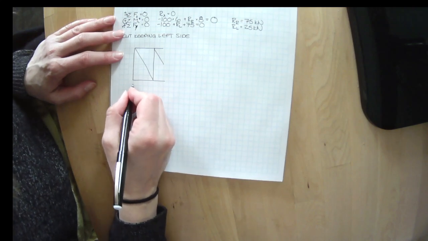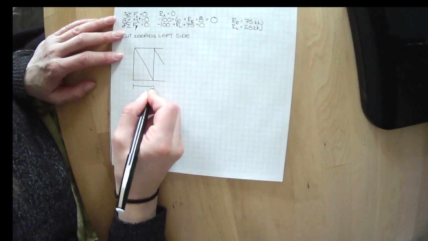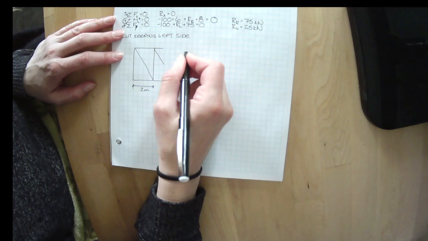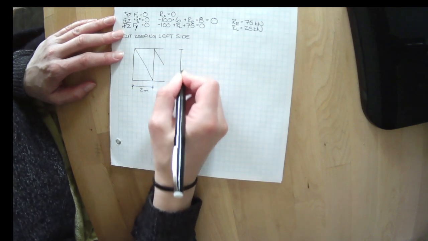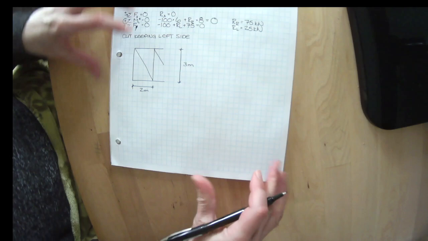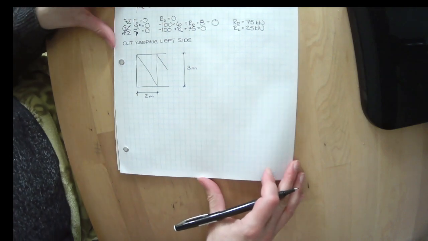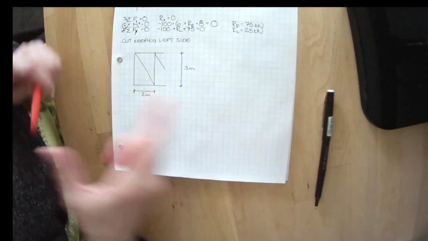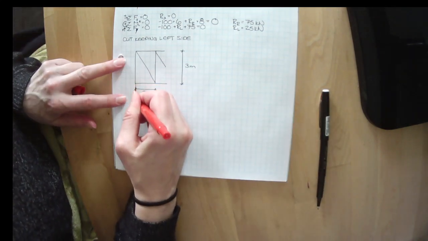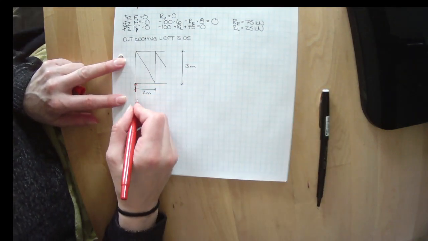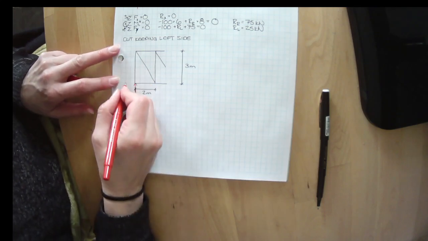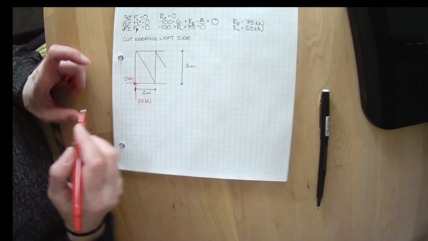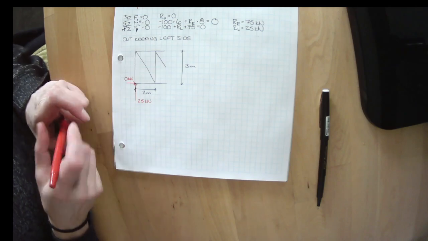We know that this bay was 2 meters. We know that this dimension is 3 meters. And we know that there were reactions acting on this. This was 25 kilonewtons, and this was 0 kilonewtons.